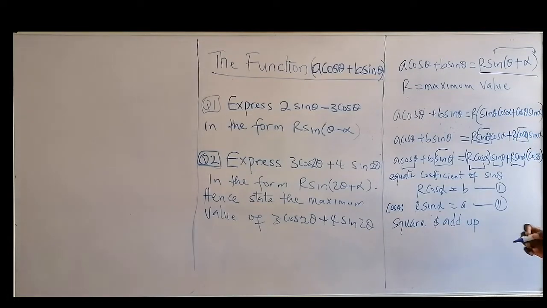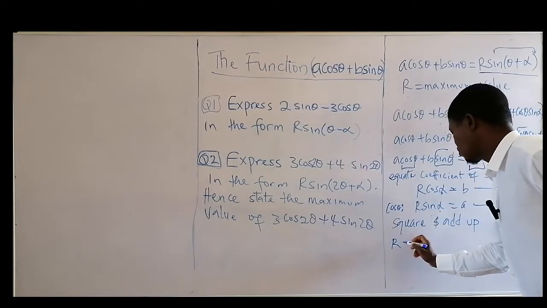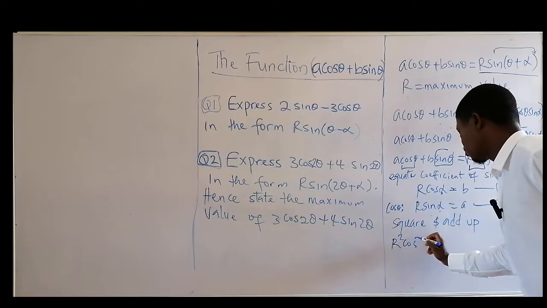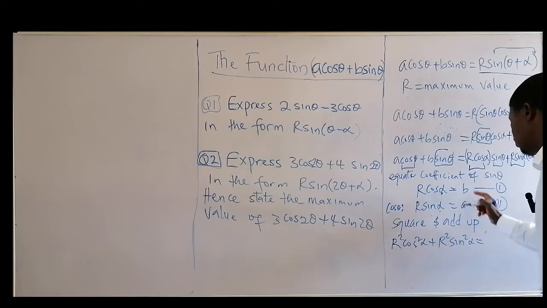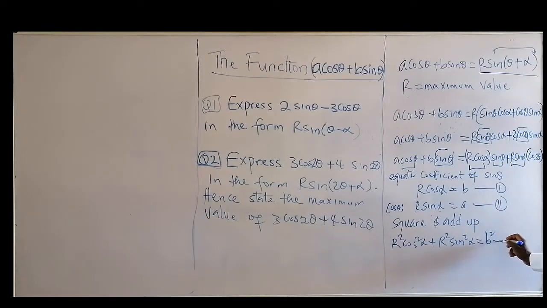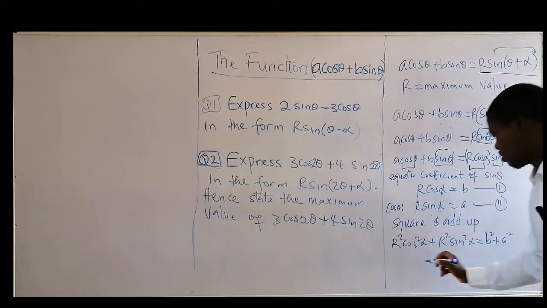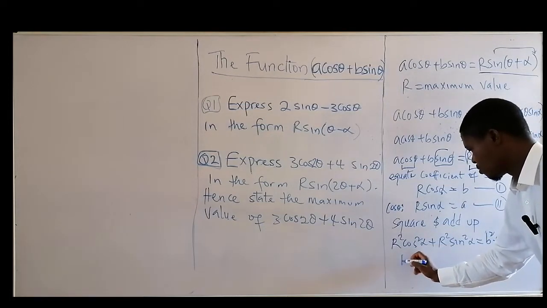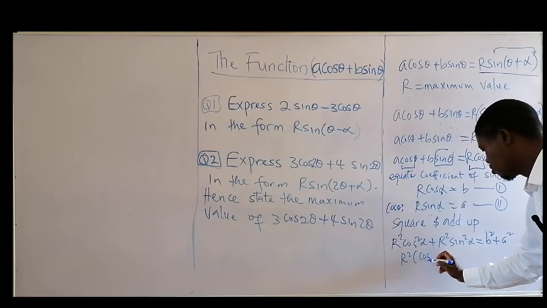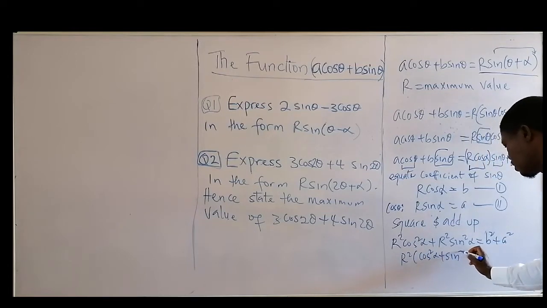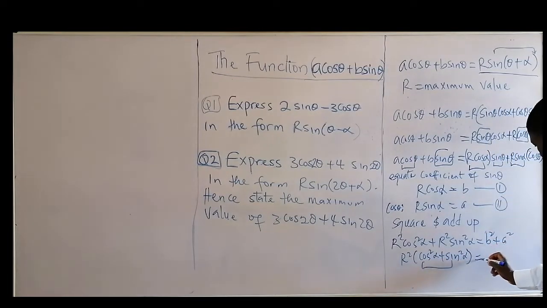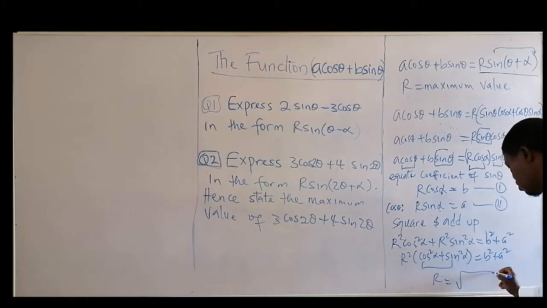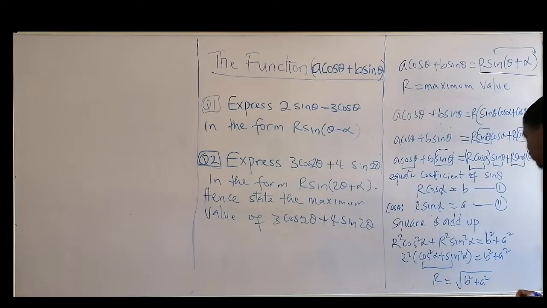That will be r² cos² α + r² sin² α equal to b² + a². Factorize: r² (cos² α + sin² α), and this is 1, as we said in our previous video. That's b² + a². Then r is the square root of b² + a².